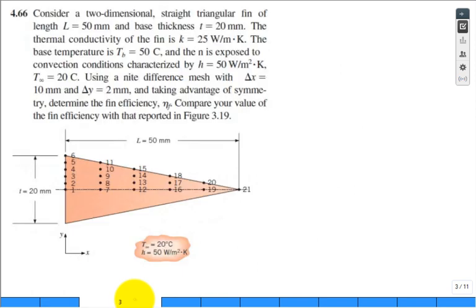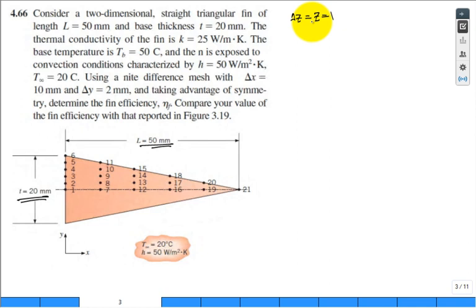So we have a two-dimensional straight triangular fin of length L of 50 millimeters, and the base thickness is 20 millimeters. It's infinitely long, so right away, delta Z, we're just going to pick 1 meter, and not worry about it.